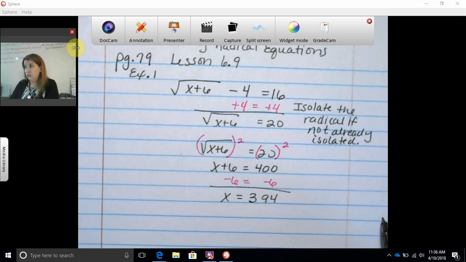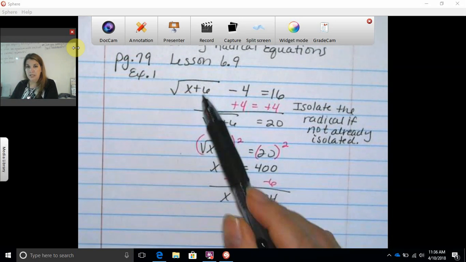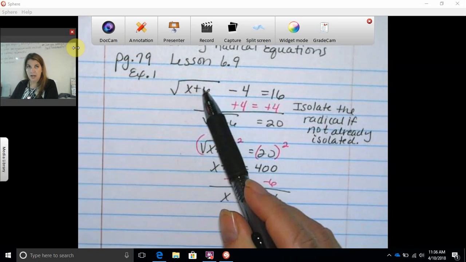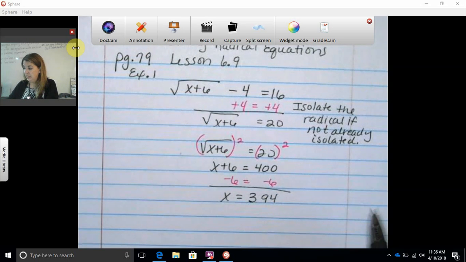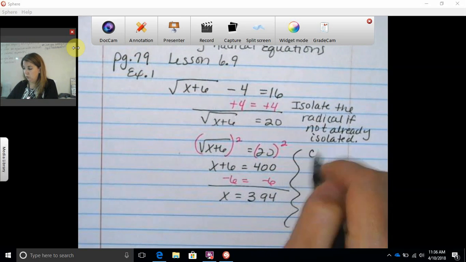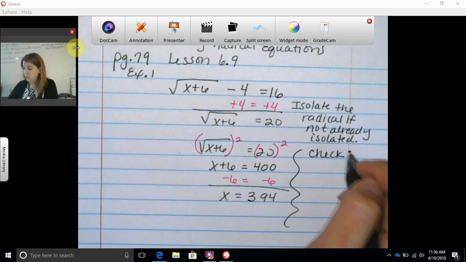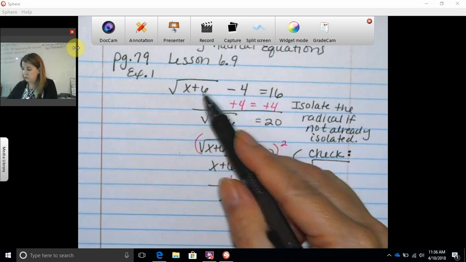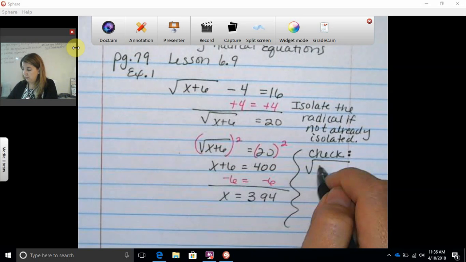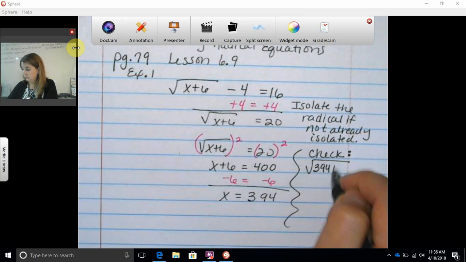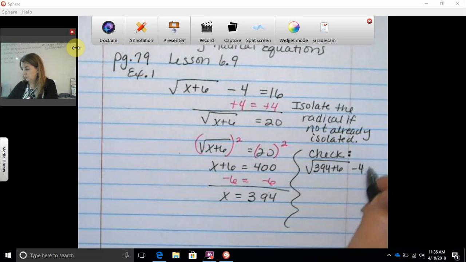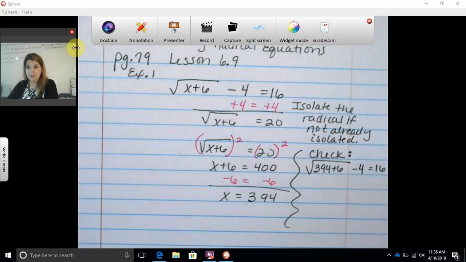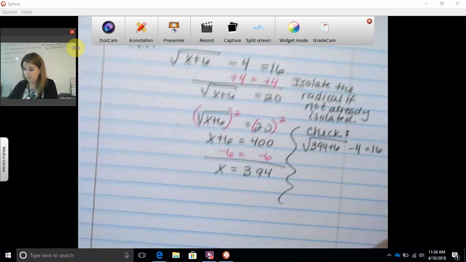Now you do have to check for extraneous solutions, okay? Because the number you get, if you substitute it back in and that gives you a negative under the radical, that's imaginary. And we're only working with real numbers. So you do need to check your work. So wherever I see an x, I'll substitute in 394. And I'm just simplifying the left side to see if it equals the right side, because when I check, there's no variables, right?